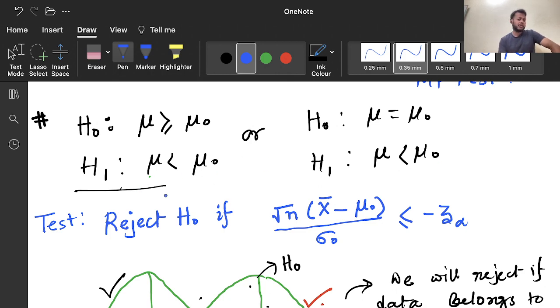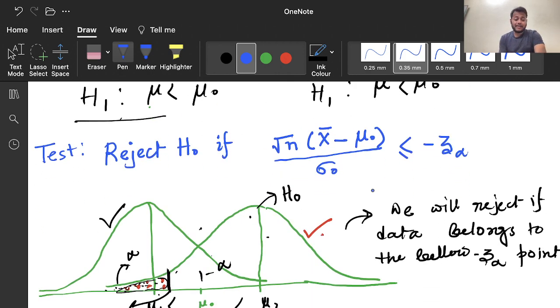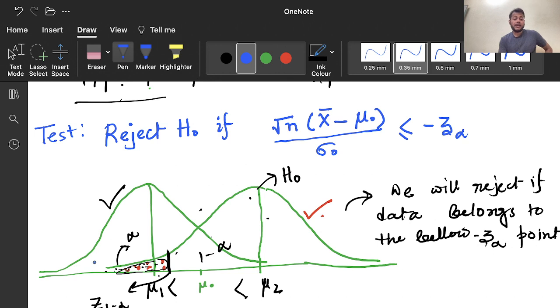Since this data set can be explained by both the alternative hypothesis and the null hypothesis, what should I choose now? I will reject that hypothesis if the data point belongs to the alpha percentage point of that distribution. That's all.